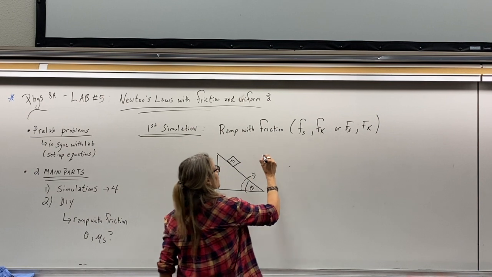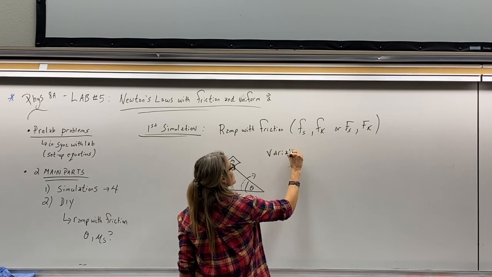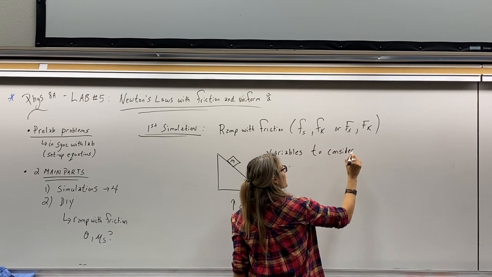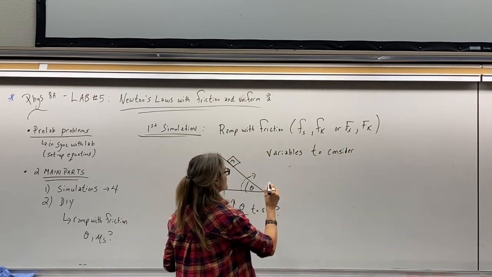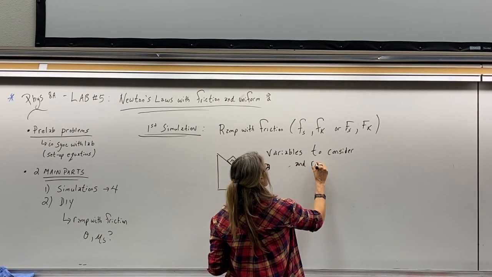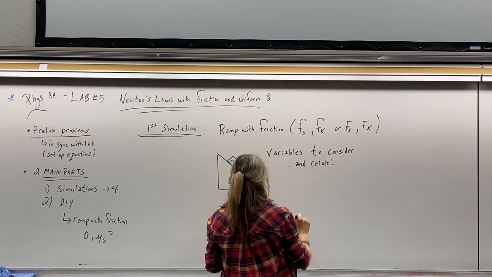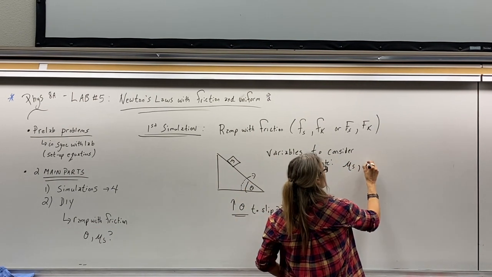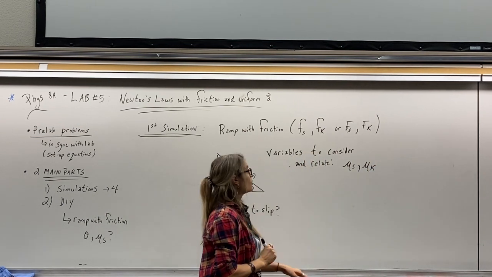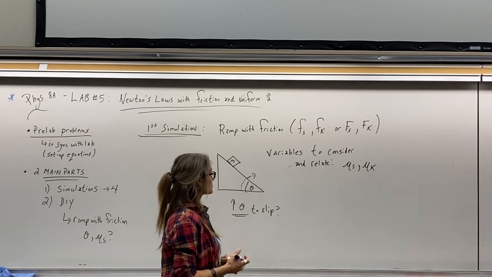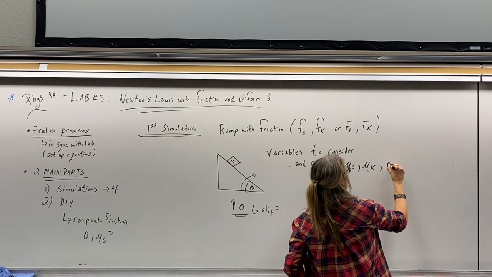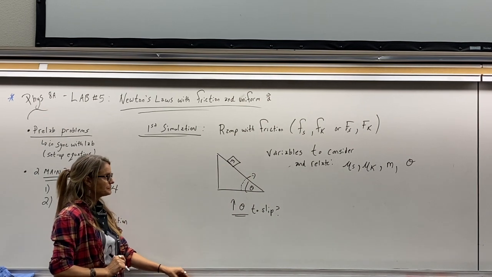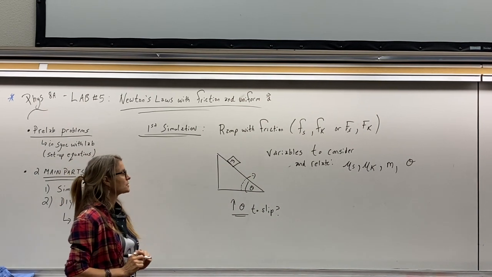So we want to look at our variables to consider and understand the relationships between them: your coefficient of static friction, what role your coefficient of kinetic friction plays, or your force of static friction, your force of kinetic friction, what role your mass plays, what role your angle plays in this actual problem. Okay, so we want to see how all these variables relate to one another.